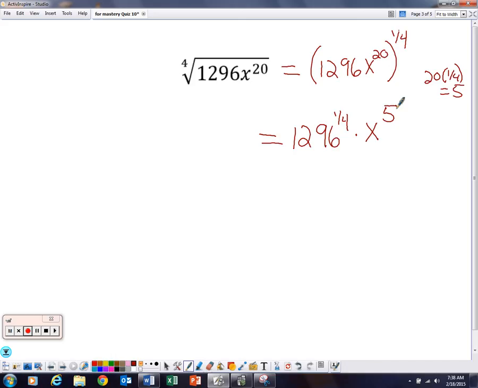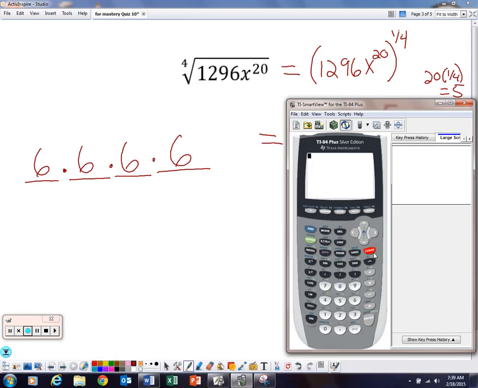Now, just like before, what number can I multiply to itself 4 times to get me 1,296? If you do some guessing and checking, you'll find out that it would be 6. 6 times 6 times 6 times 6. You can verify that with the calculator. Yep, 1,296.